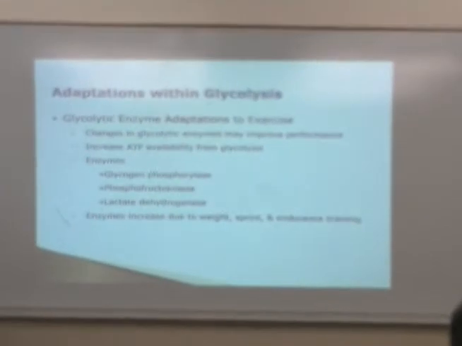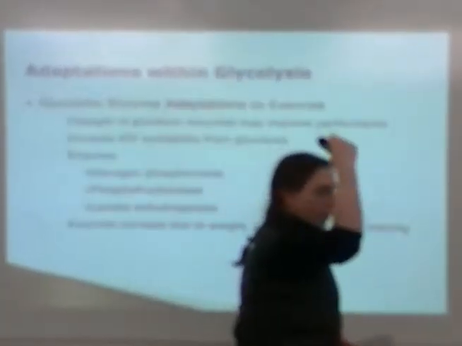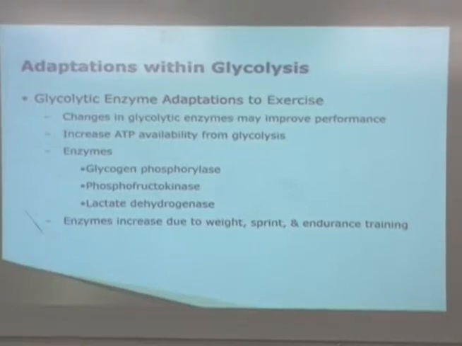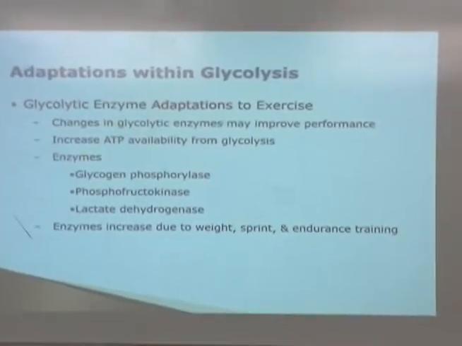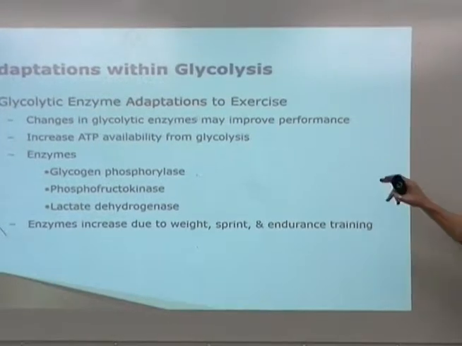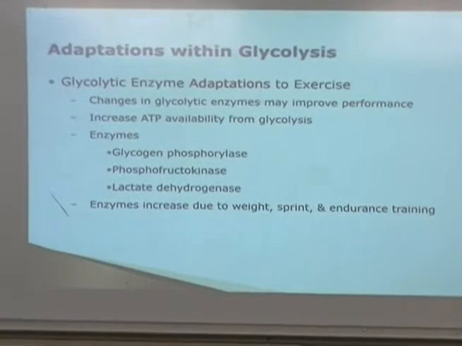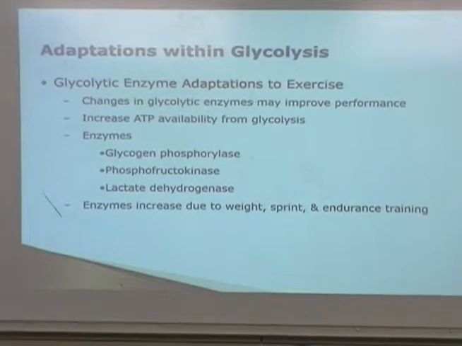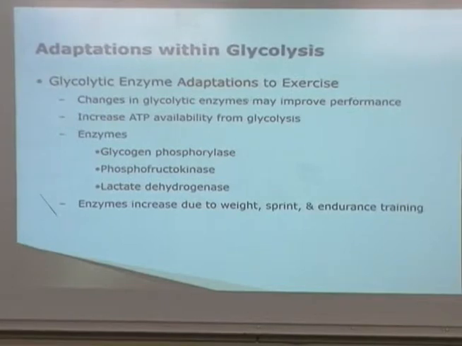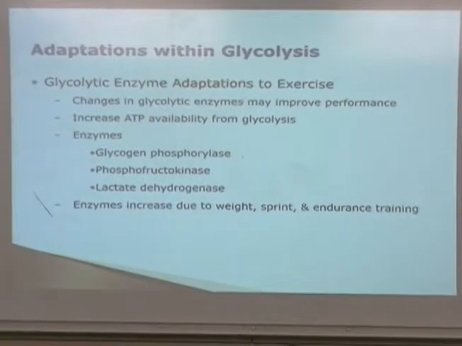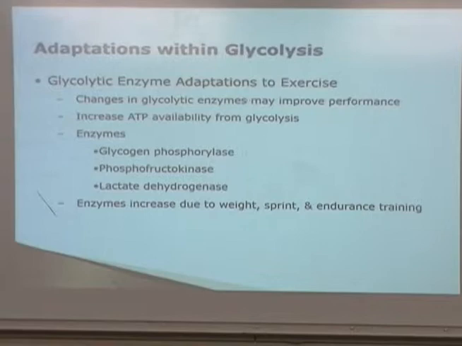For that 10-step process, there's a specific enzyme for every step, every different breakdown of the substrate. So we see a change in enzyme activity, and we also see some increase in the level and the amount of enzyme that's available within the muscle cell. That means that I can do glycolysis faster, and the faster I can do it, the more ATP I can get. Okay?